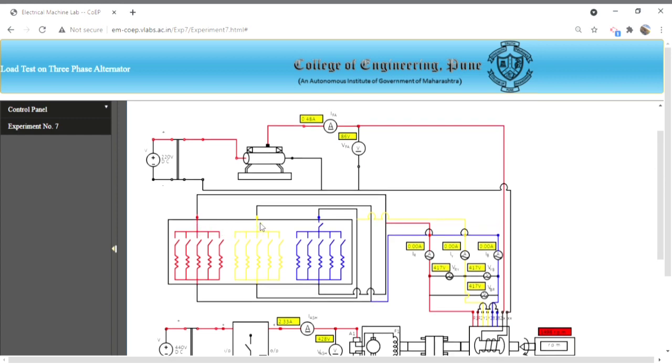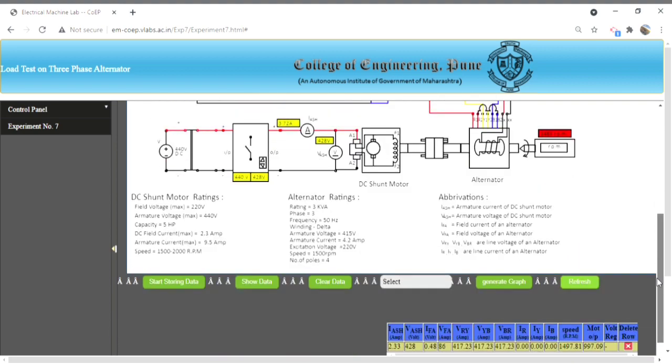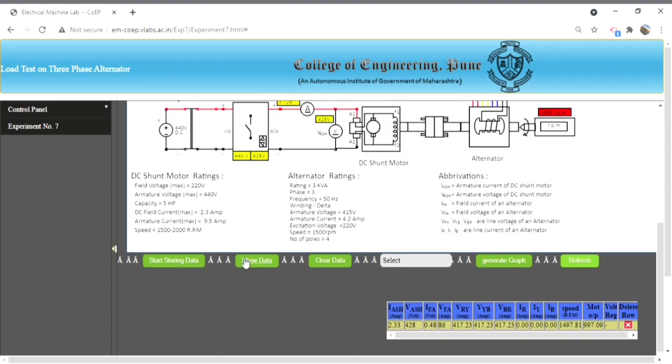The VRY, VYB, VBR are the resistive load voltages, and RYB represents red, yellow, and blue. Now I connect the first load. I start storing data.